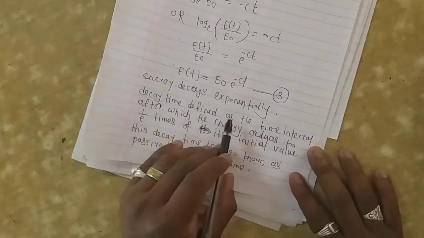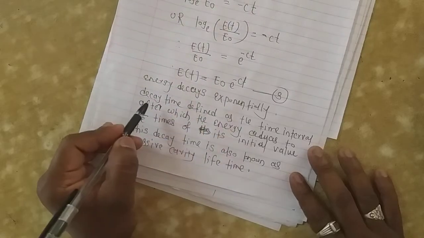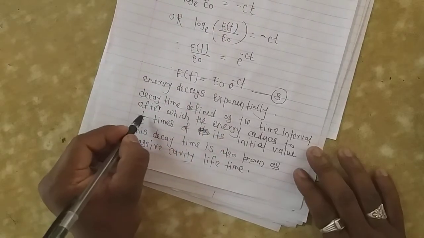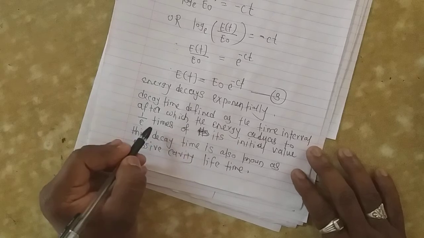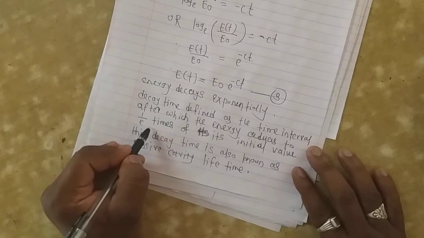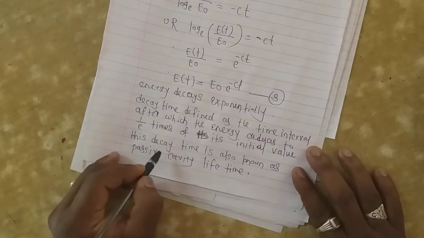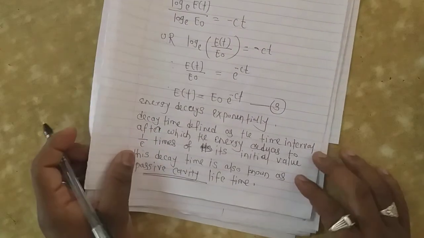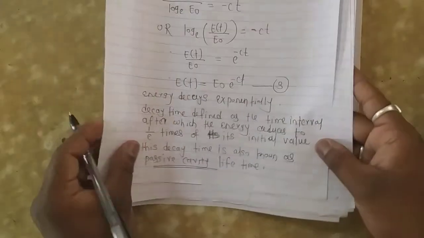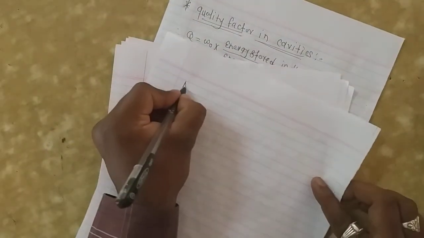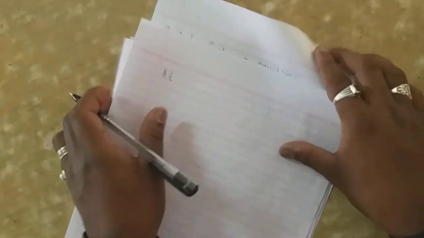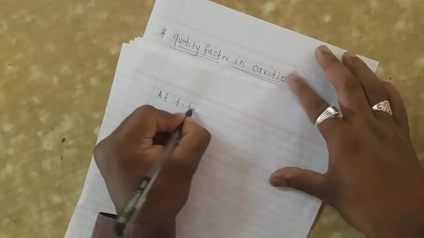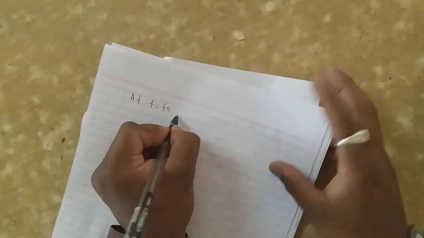Obviously energy decays exponentially with time, but the decay time is defined as the time interval after which the energy reduces to 1 by e times its initial value, and this decay time is known as the passive cavity lifetime. Initially at t is equal to 0, then at t is equal to t naught, E of t will be 1 by e times.